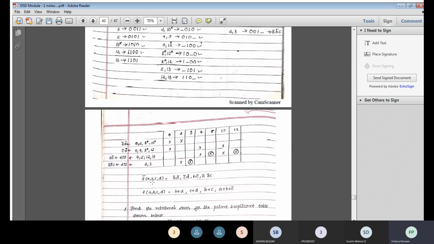So now F bar of ABCD is equal to B bar D bar, C bar D bar, B C bar, A bar B bar C. Now if I remove this bar, how can I write F of A, B, C, D?